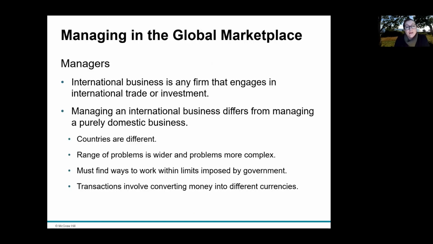All right, now, as an astute manager in the global marketplace, we need to recognise that managing an international business is not as easy as managing a domestic business. There's much variation in the international marketplace, and this range of problems may well be more intense and complex.